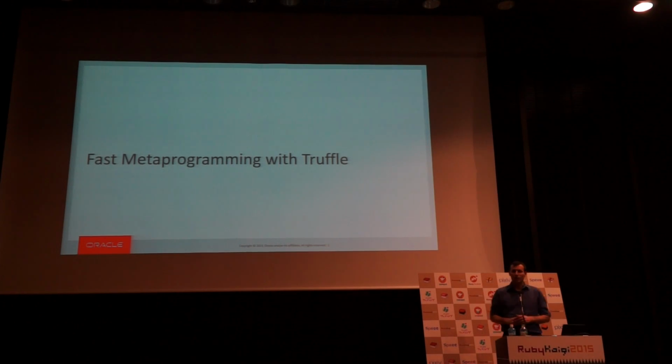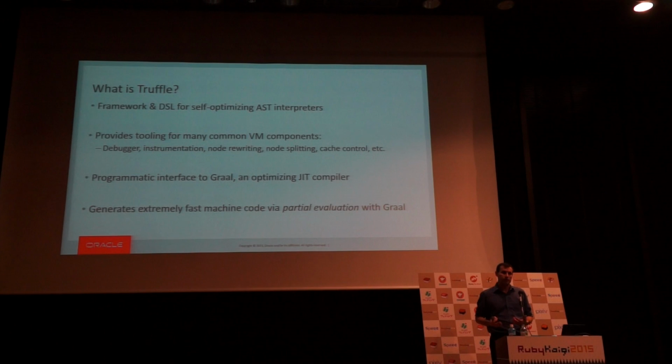All right, with that out of the way, let's get back to fast metaprogramming with Truffle. We'll start by focusing on what Truffle is, since I'm guessing a lot of you are not familiar with it. Truffle is a framework and DSL for writing self-optimizing AST interpreters. It provides a lot of the common tooling needed to build out a language VM, such as debugging and instrumentation.